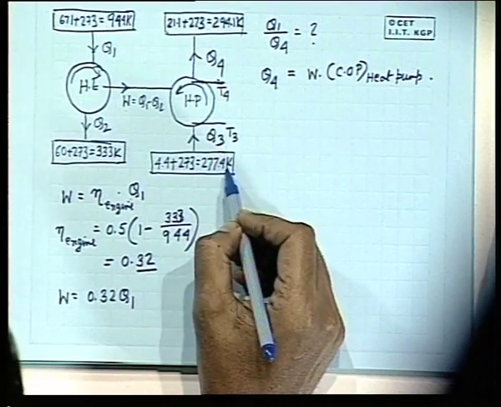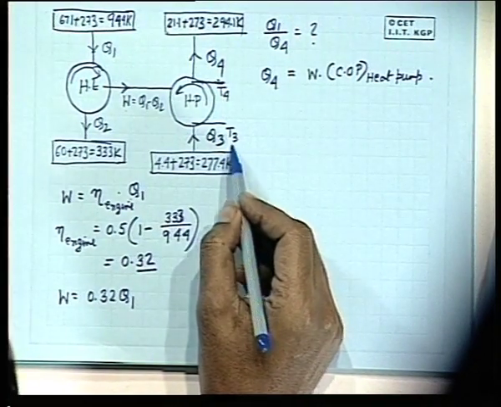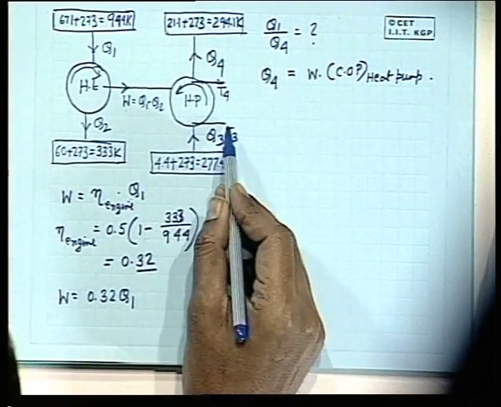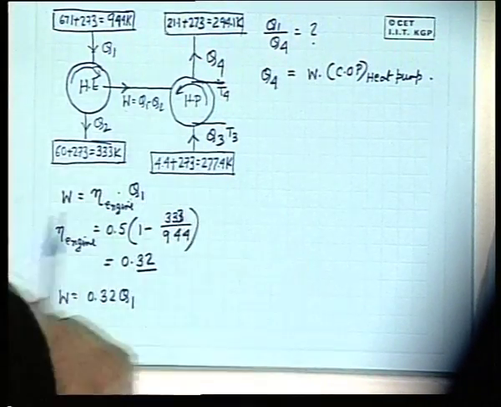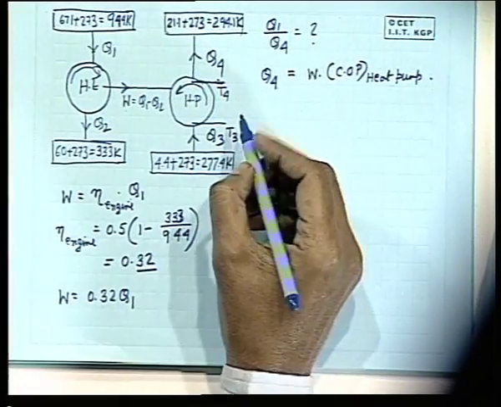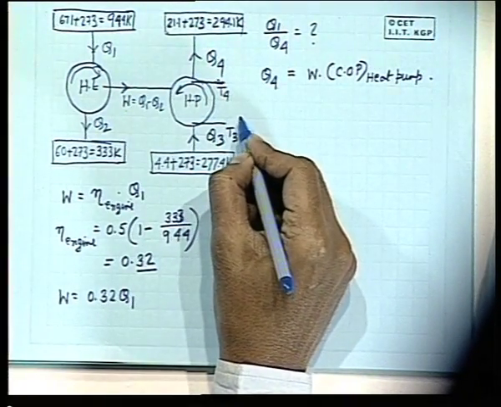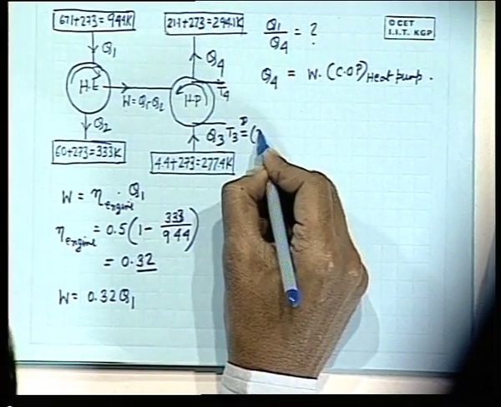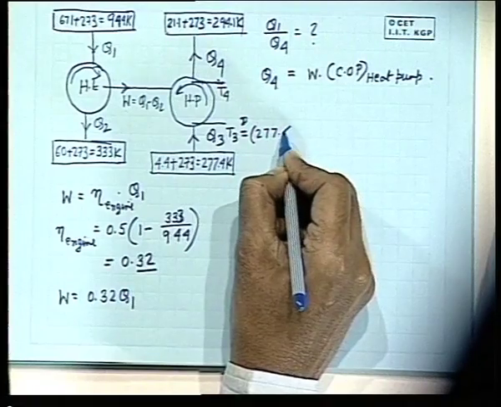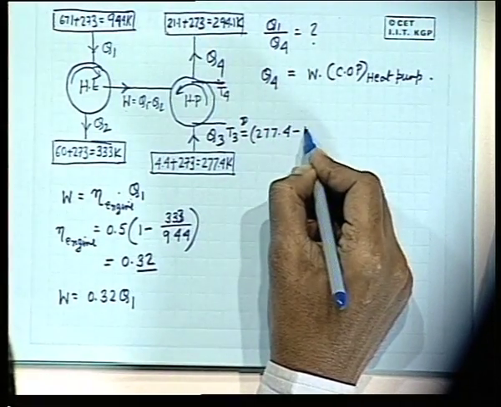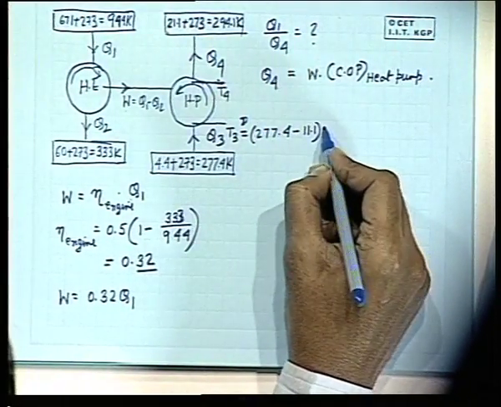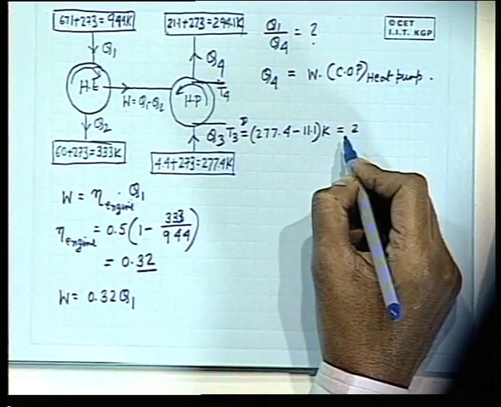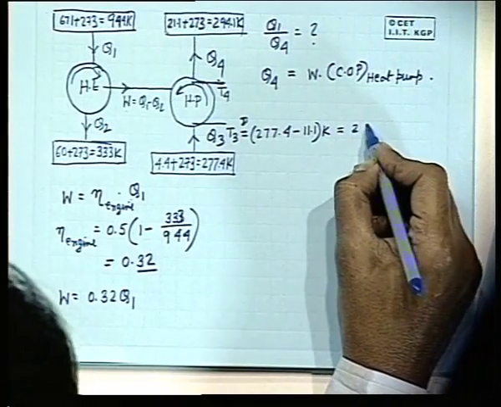There is a temperature difference of 11.1 degrees Celsius, as defined in the problem. Heat is coming from here, that means this temperature will be less than this, so I write T3 is equal to 277.4 minus 11.1. What is this value? 266.3. Very good.